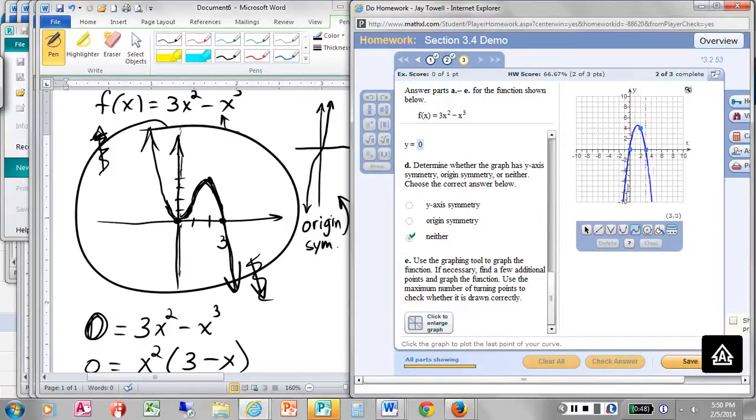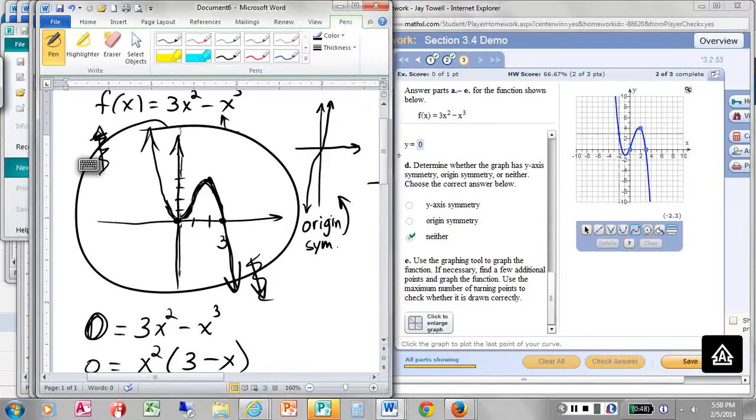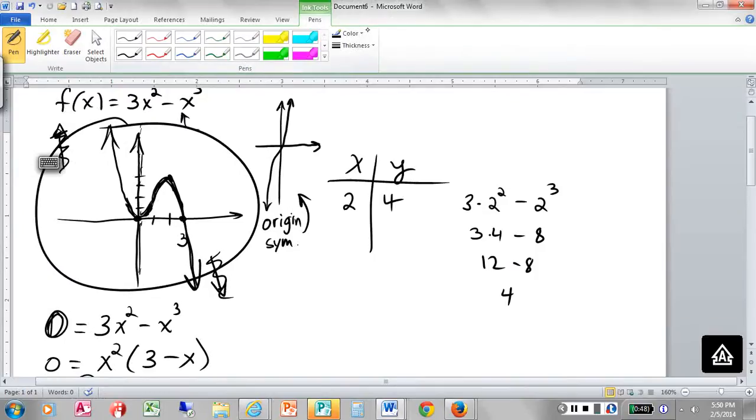All right, and so you can see that it's wanting one more point. So let's come back over here to this table. Span that out. I think probably either this side or this side would be a good one to get another point for our graph over there.